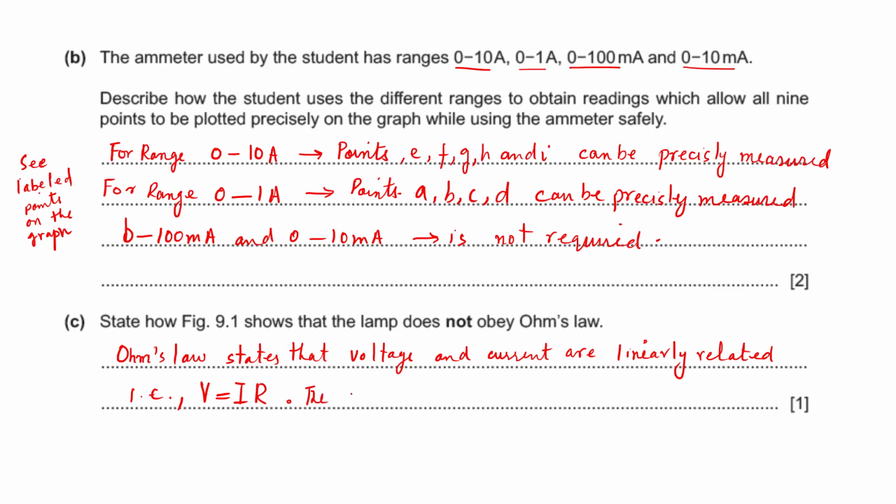The graph shown is not linear, that is, it is not a straight line. So this is how we can say that the graph shown is not obeying Ohm's law.